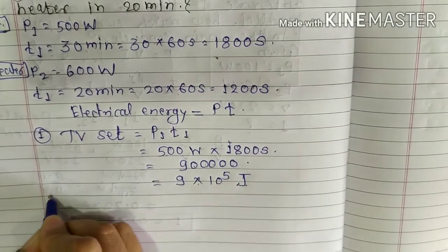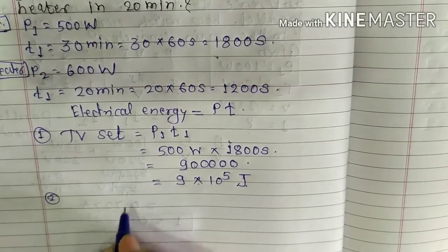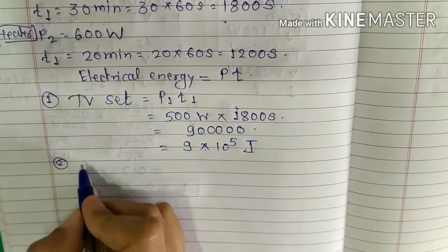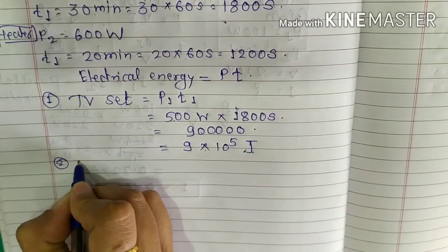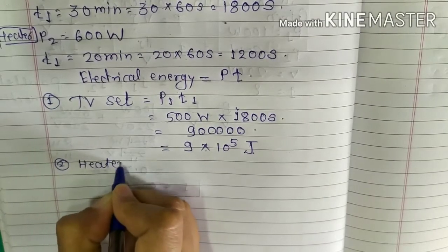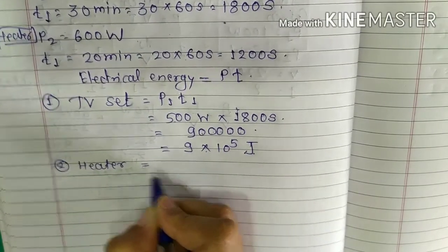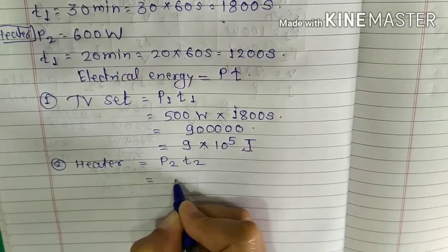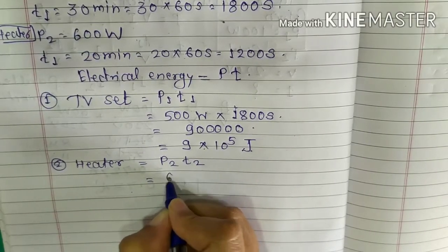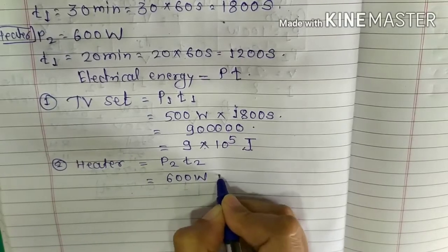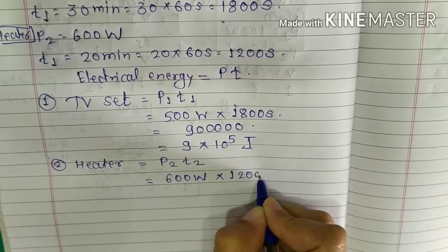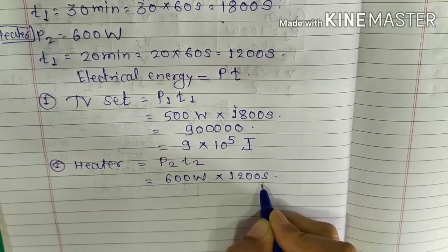Then second, for the heater, it is equal to P2 into T2. What is P2? That is 600 watt into 1200 second.